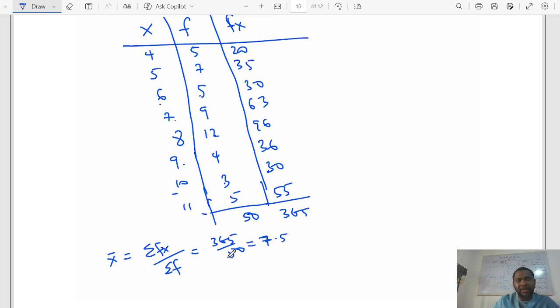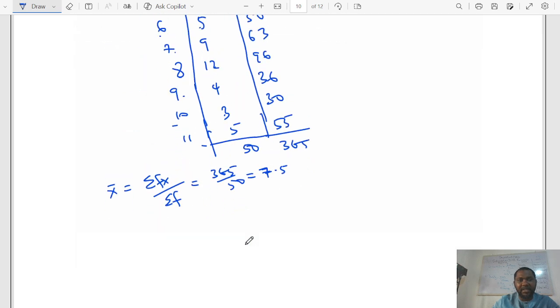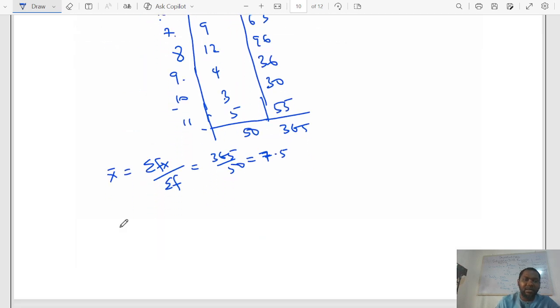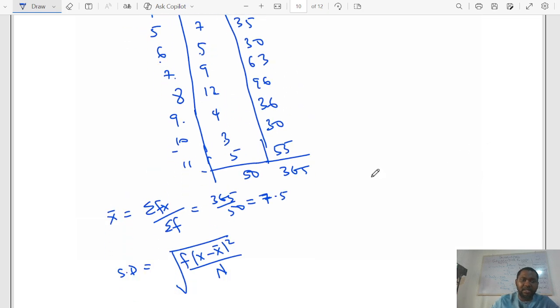Now for the standard deviation, by formula it is the square root of variance, which means the square root of f into x minus x bar squared, all over the total number n, right? So I need to know what x minus x bar is.